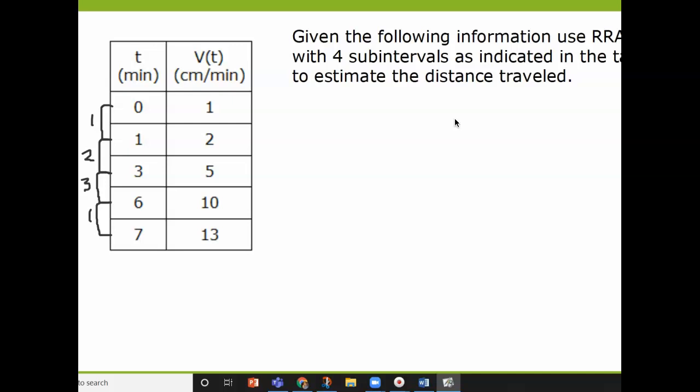To do my right Riemann sum, I have to do each of my rectangle areas individually: base times height, picking the right value, plus base times height, plus base times height, plus base times height.